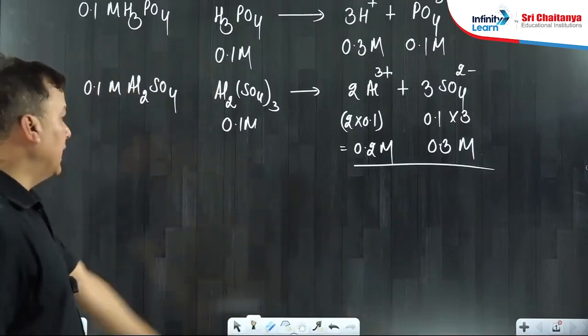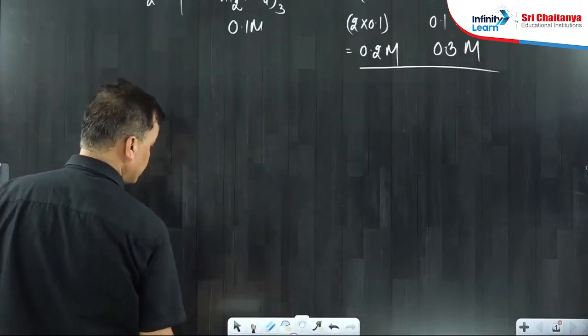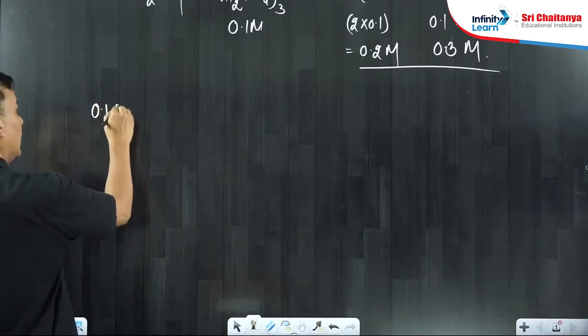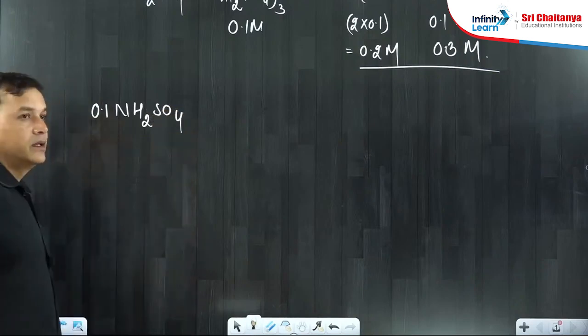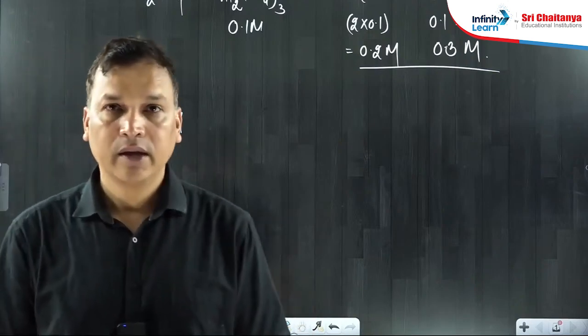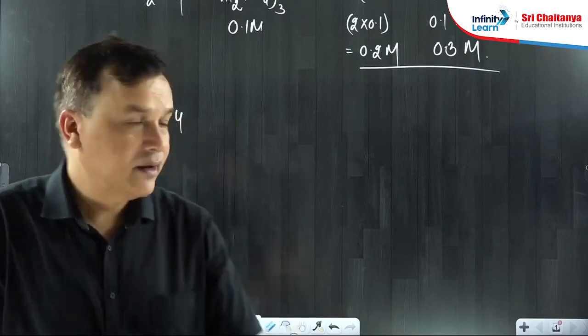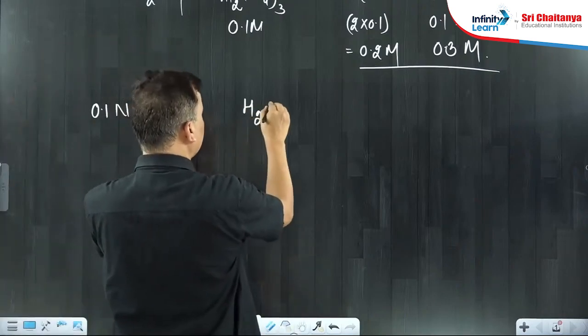The last point, in case of normality: here we have 0.1 normal H2SO4. There is a difference, my dear students. Earlier we took the example of molarity. Now here is normality. This is H2SO4.